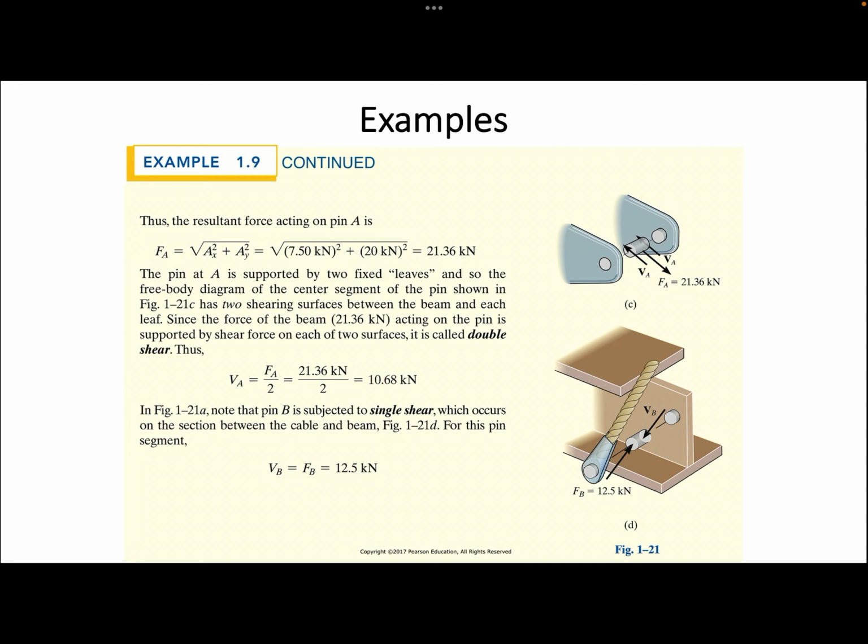With AX and AY components, we can then determine the resultant force acting on pin A using the Pythagorean equation. Then, as we mentioned earlier, since the pin at A is subjected to double shear surfaces, the shear force at pin A will be equal to half of the support reaction FA.